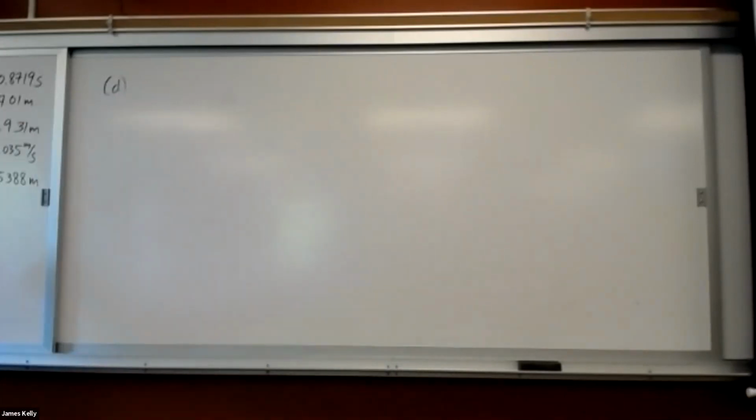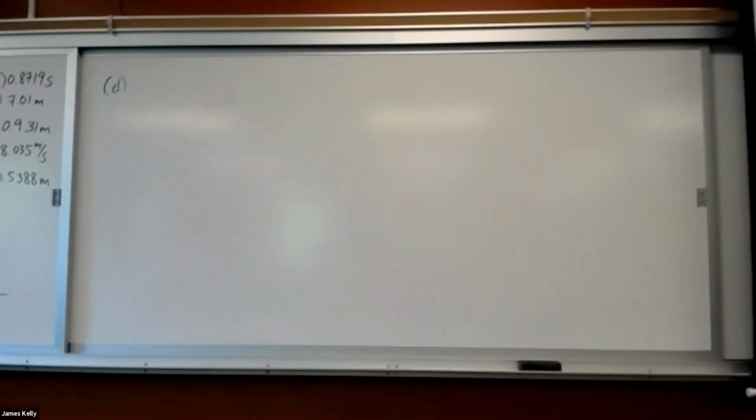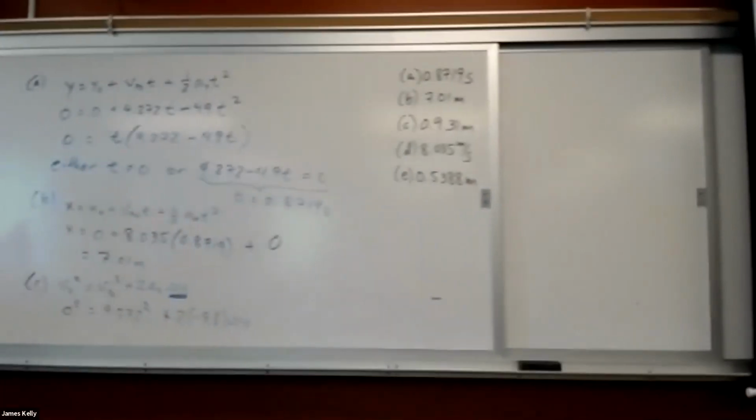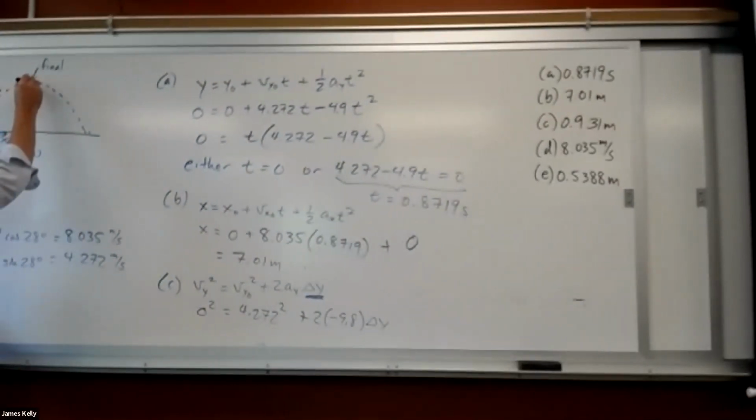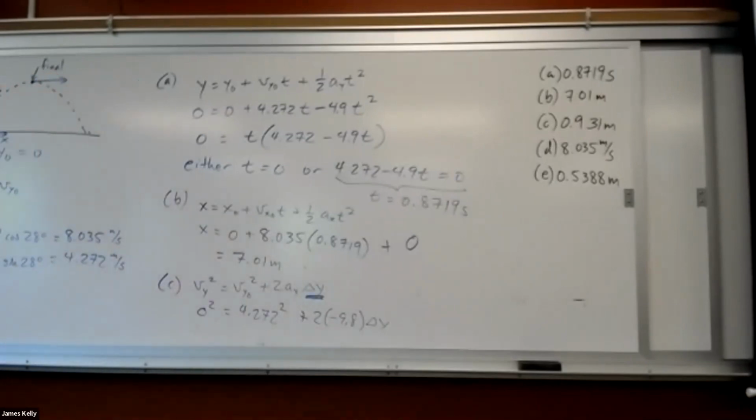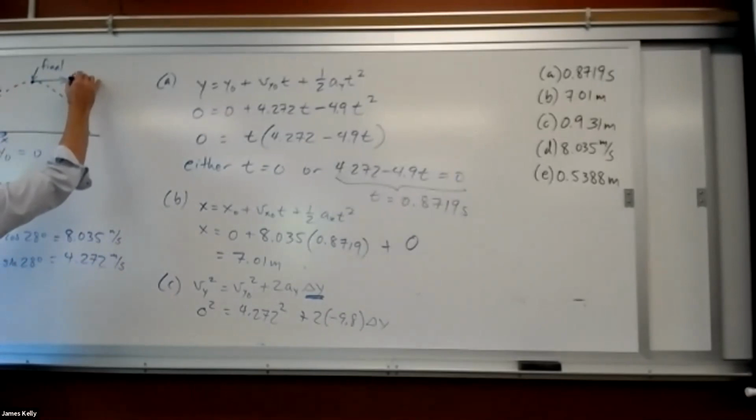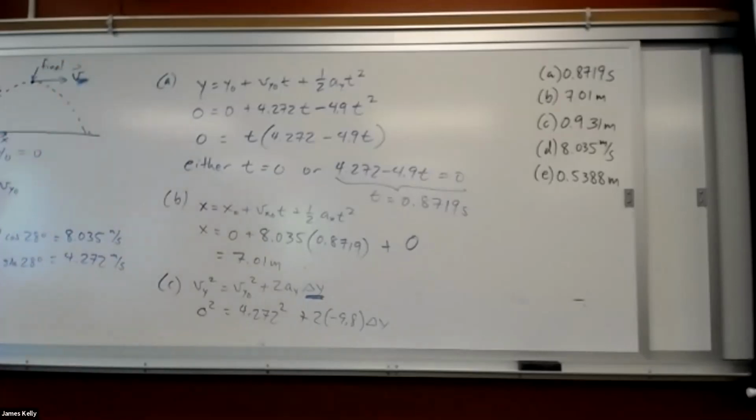So at the very highest point, I guess I shouldn't have moved this over so quickly, it's moving just like that. The velocity is always tangent to its path. I've drawn its path there with the dashed curve. So at the very highest point, if that's final, this would be my v final as a vector.